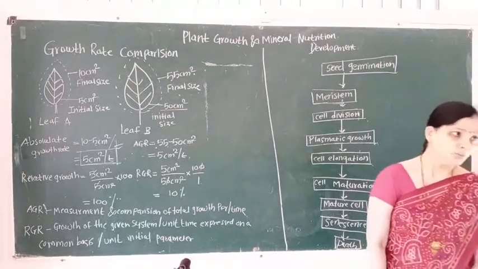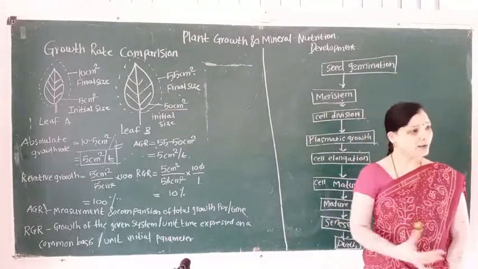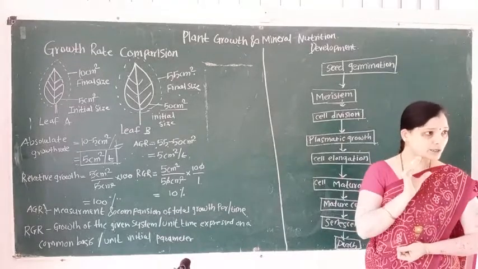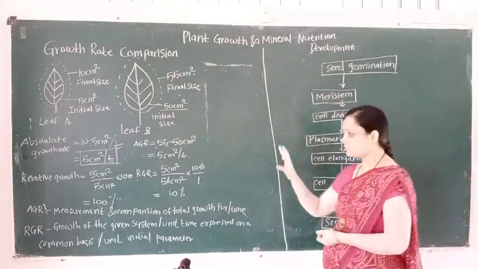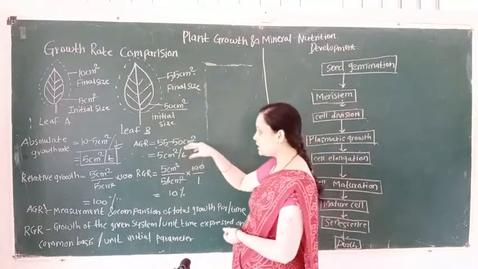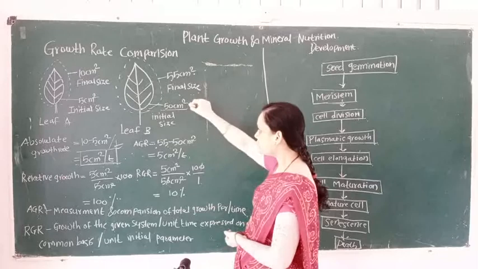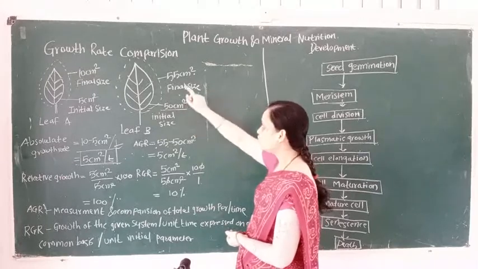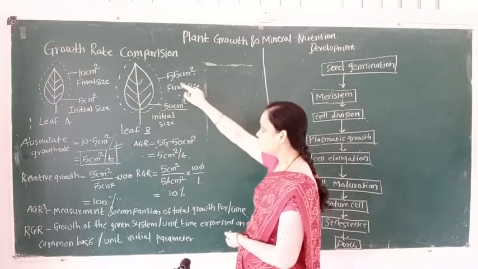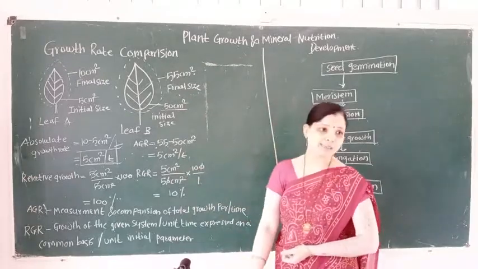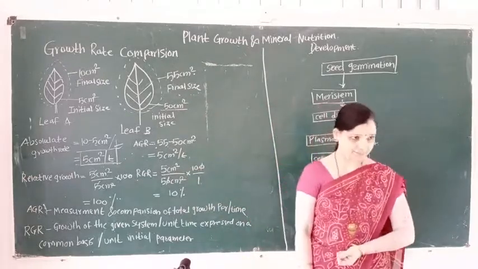To obtain it, we first need the AGR in leaf B. In leaf B, AGR is equal to 55 minus 50, which is 5 centimeter square.